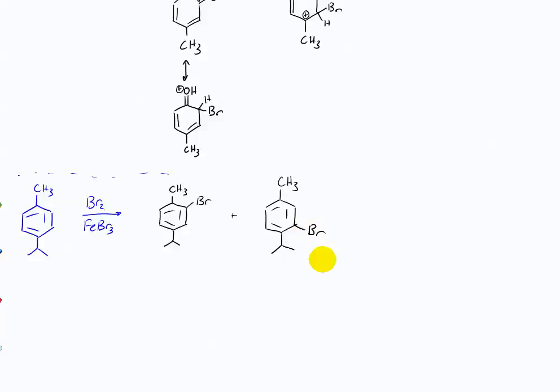Two possibilities here, so would you expect to see one more than the other, or should they be split about evenly if those both have similar directing abilities? What do you think?